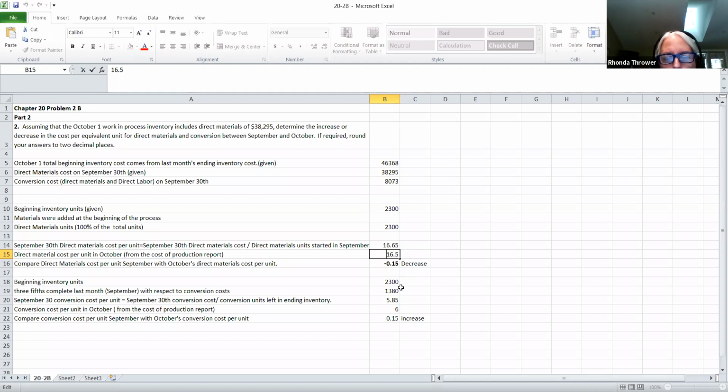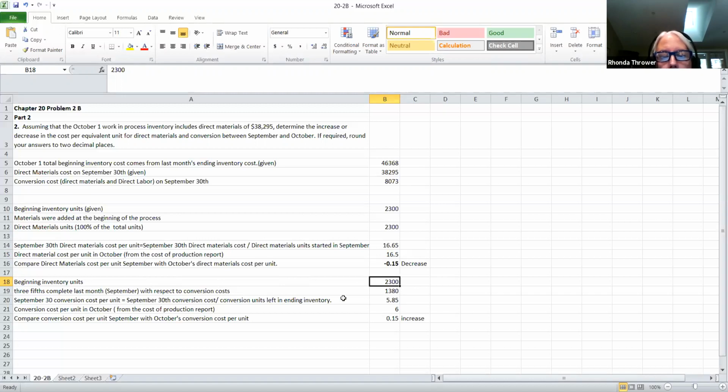The second part of this wanted us to calculate the conversion cost for last month. So again, the beginning inventory units of 2,300 was given to us. Remember, in our instructions, they told us that 3/5 of the beginning inventory units were completed last month with respect to conversion cost.